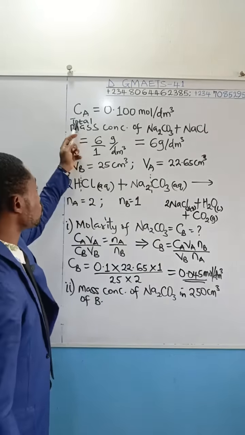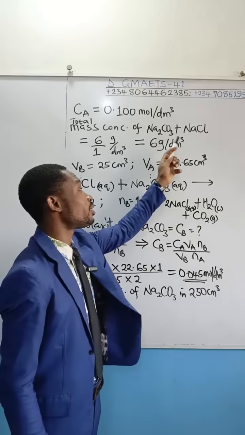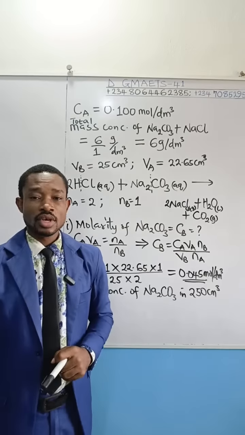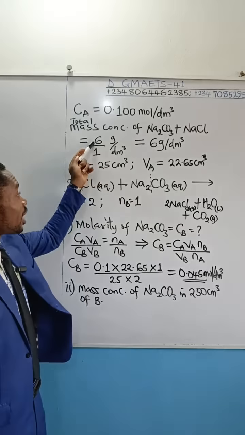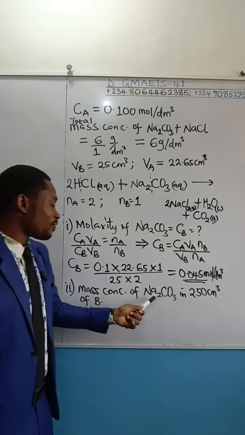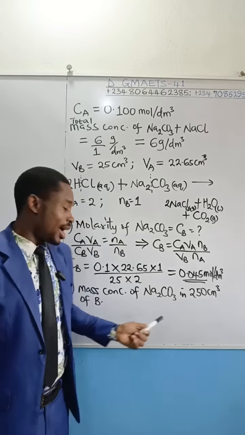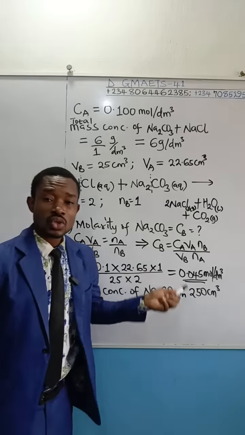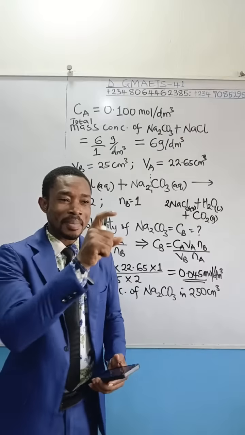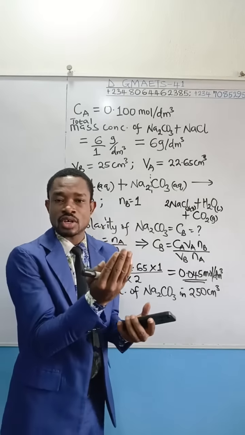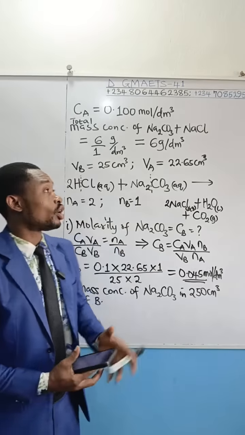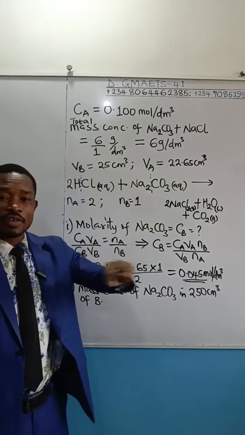That is why I wrote total mass concentration of sodium carbonate and sodium chloride. So in this, the mass of sodium carbonate and the mass of sodium chloride are both there. But what we are asked to find here is simply the mass concentration of sodium carbonate. Since we do not know the mass of only sodium carbonate dissolved in this 250 cm cube, we cannot use the formula mass over volume times 1000.